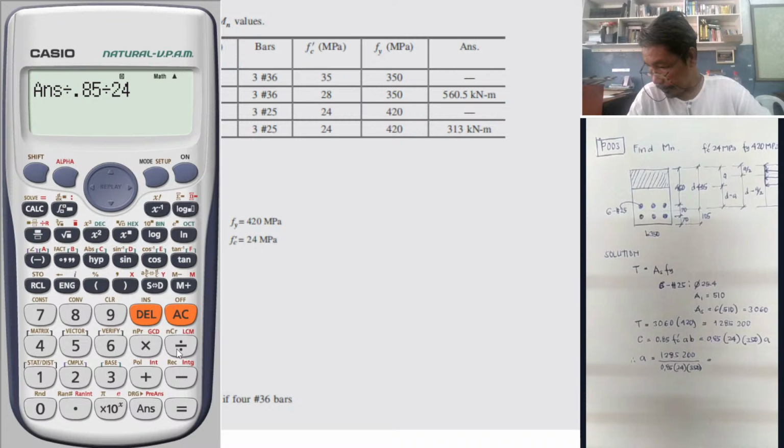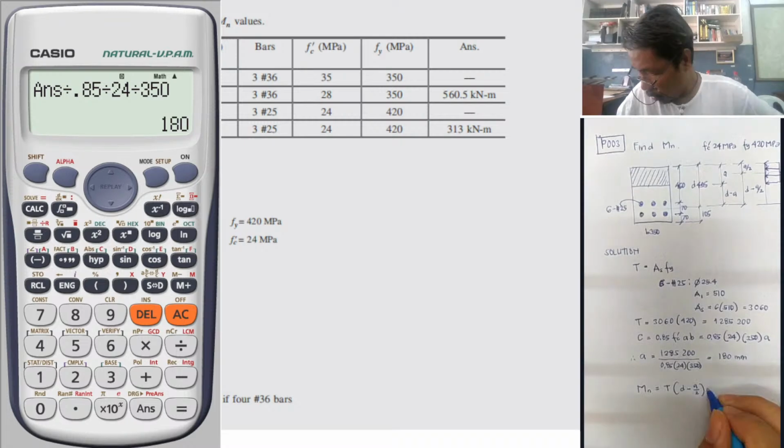And therefore, we can directly move on to solve the nominal moment. So nominal moment, T times D minus A over 2, or 1,285,200. D is, we already found out, 495 minus 180 over 2.